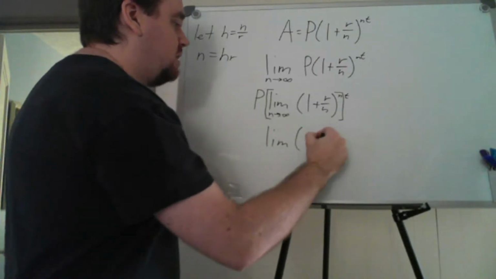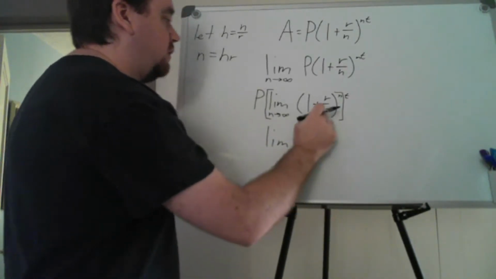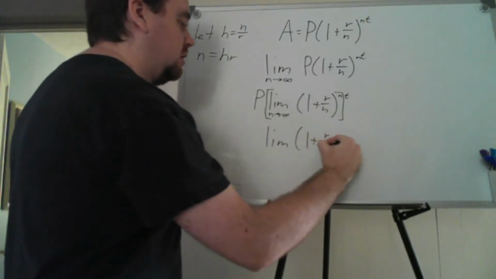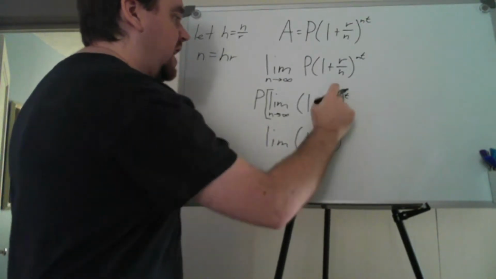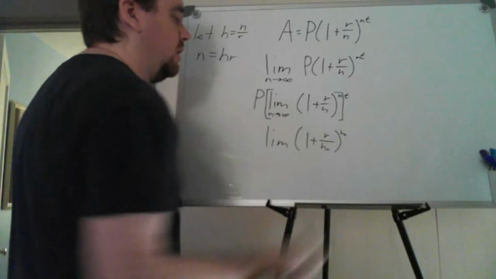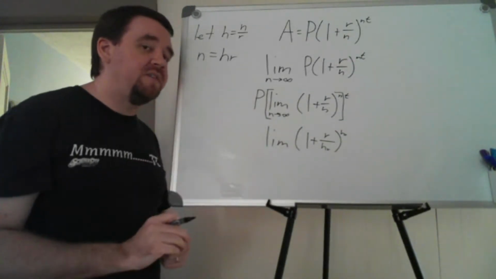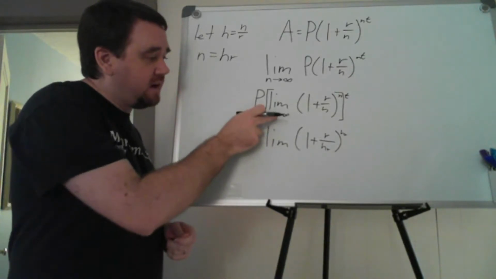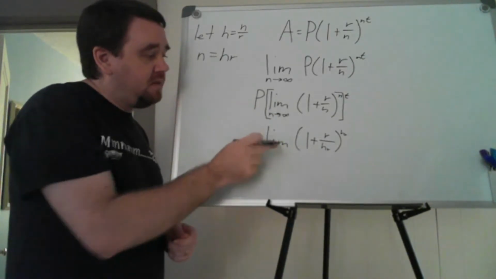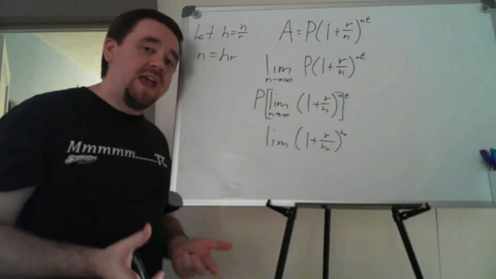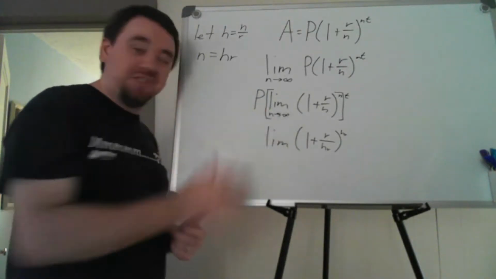And so I've got 1 plus r over, now for n, I write in hr, and for the other n, I put in hr. So now I've changed my limit a bit, and there's one other thing that I haven't done. I didn't carry down my variable down here. You may be thinking, well, substitute in hr for n. But now I would have two variables.